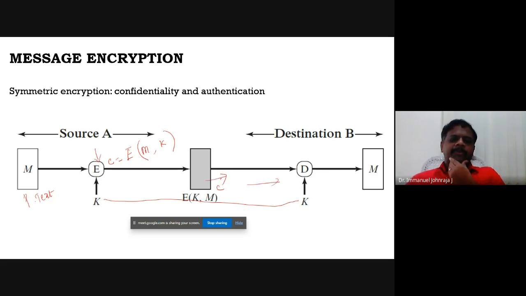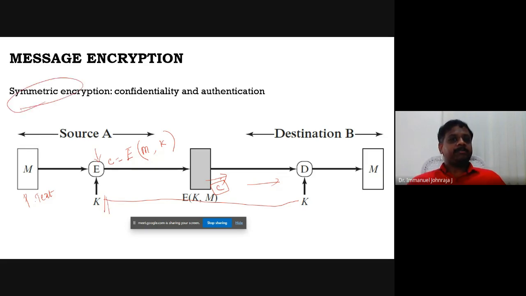All right. Now the question is, it is very simple for anyone to understand that yes, it is providing confidentiality. How does it provide confidentiality? Because the message which is encrypted and sent, the ciphertext, can be decrypted only by the key which is used for encryption, because it is a symmetric key encryption.